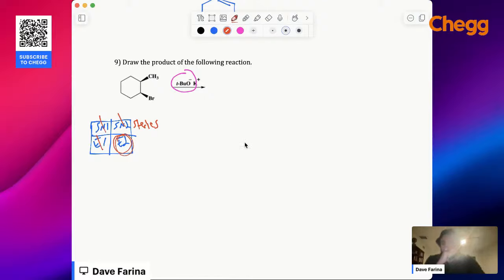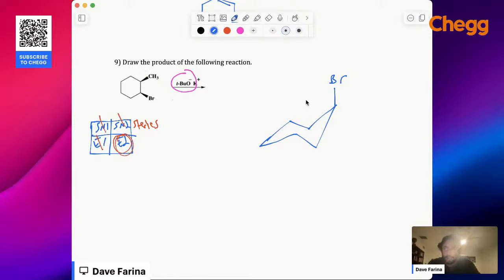But remember what we just learned. We have to draw the chair, because it may not be the case that all of the protons that seem to be available for elimination are indeed available. So I like to just put the bromine axial right there. We have bromine up right there, so that's fine.